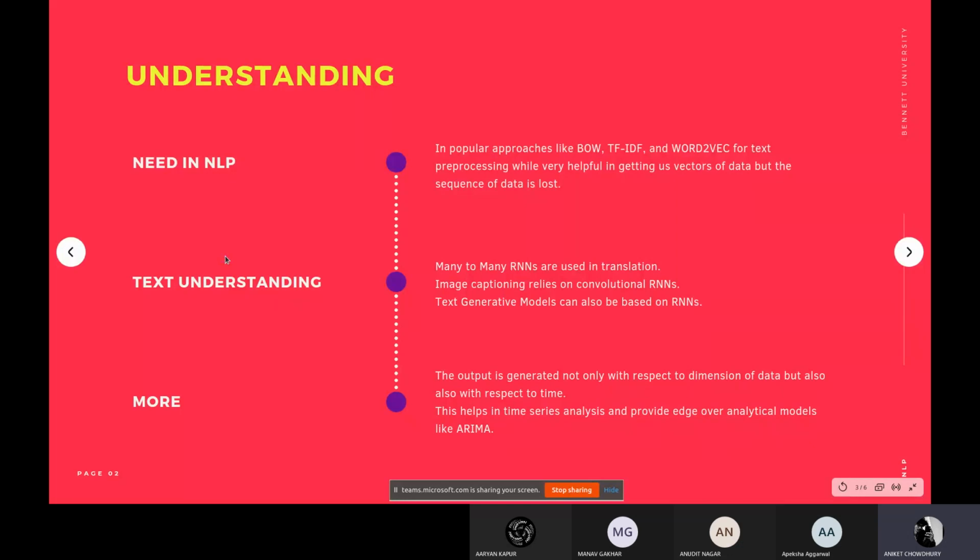So we turn towards recurrent neural networks, which are used in translation, like English to French or language to language translation, and image captioning. There are two ways of going for image captioning: you can either use ConvLSTM cells, or you can first process the image through a convolutional network and then feed it to an RNN. Text generative models can also be based on RNNs.